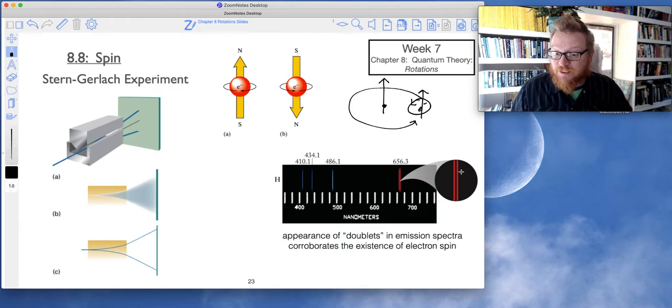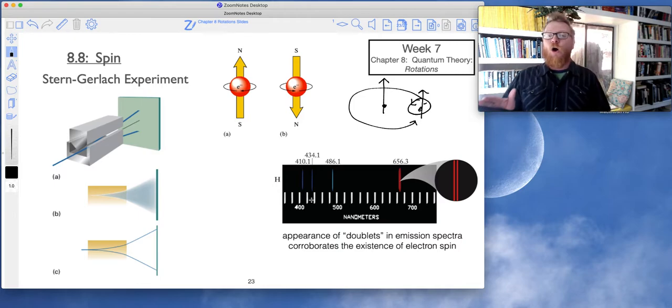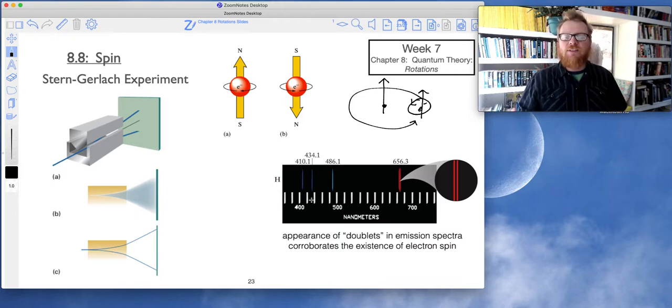And the reason why that's a doublet is because, recall, in hydrogen, it's got one unpaired electron, okay? So if its spins are correlated, in other words, if the picture looks like this, there's going to be a specific energy associated with this system.